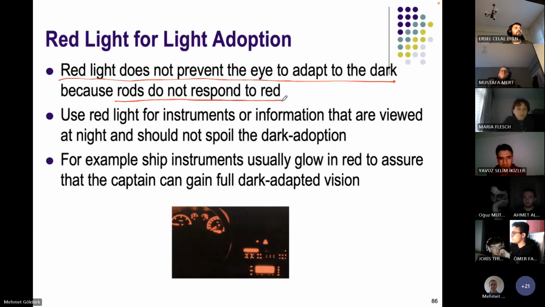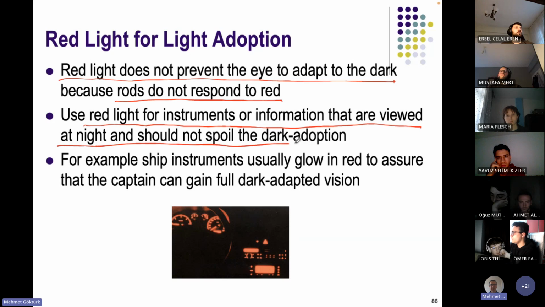So we should use red light for instruments or information that are viewed at night and should not spoil the dark adaptation. What is that? Military.